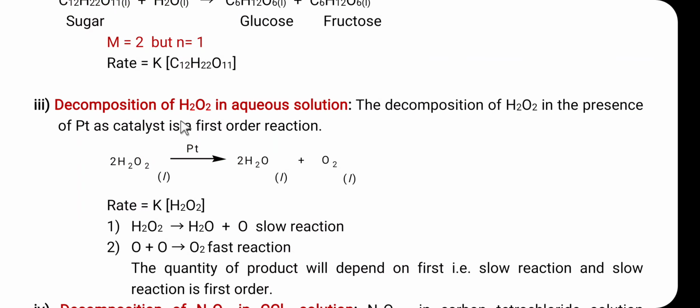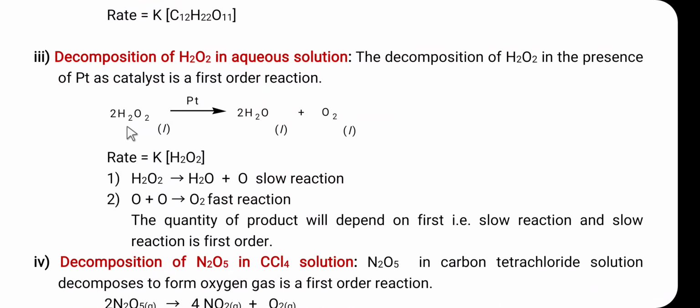The third example is decomposition of H2O2 in aqueous solution, that is the decomposition of hydrogen peroxide in presence of platinum. Here there is a formation of water and evolution of oxygen gas. Here also molecularity is 2, but order of this reaction is 1. So, this is a first order reaction.